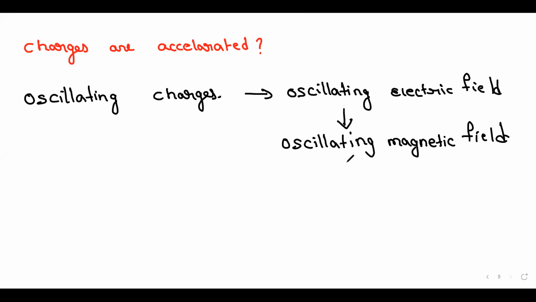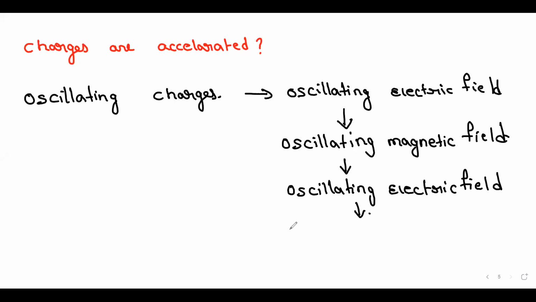Again, this oscillating magnetic field becomes the source of oscillating electric field. Again, this oscillating electric field becomes a source of oscillating magnetic field, and this happens so on.